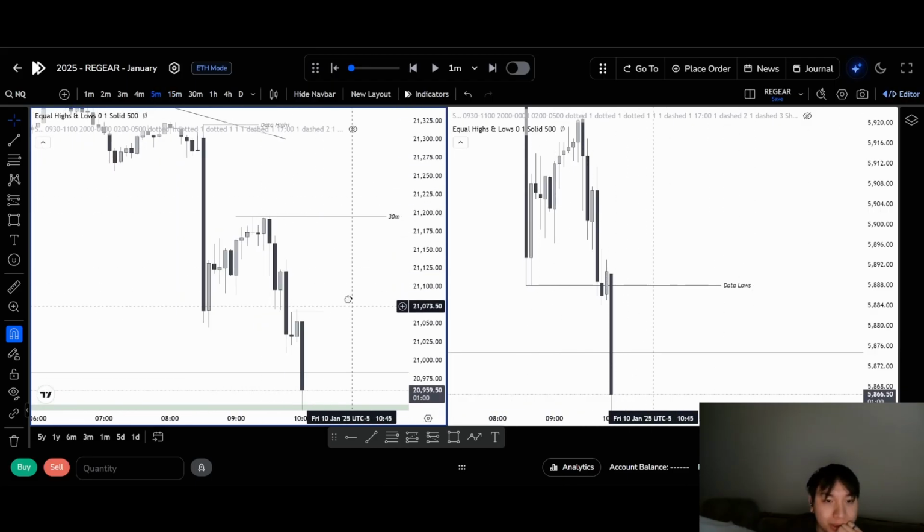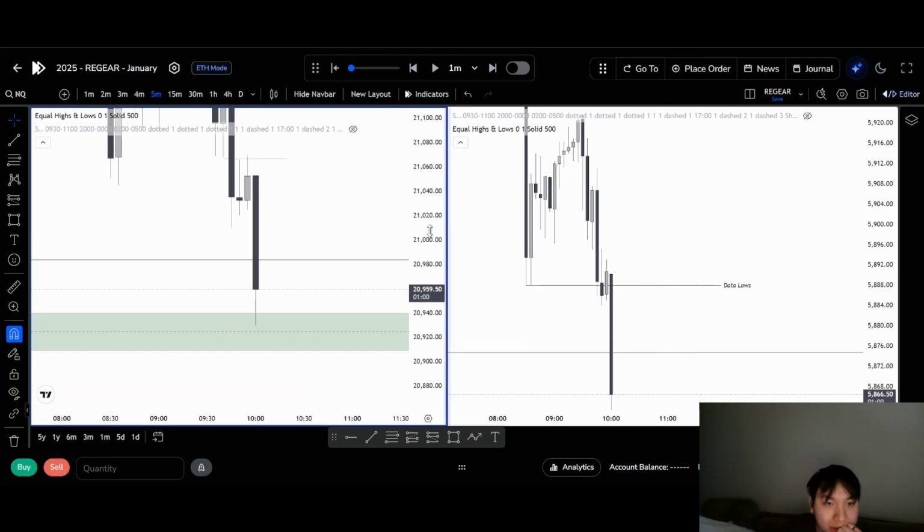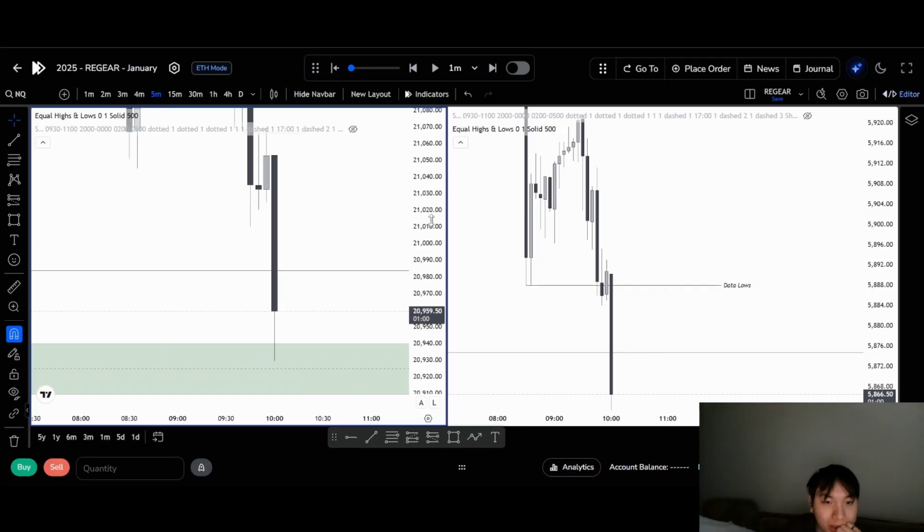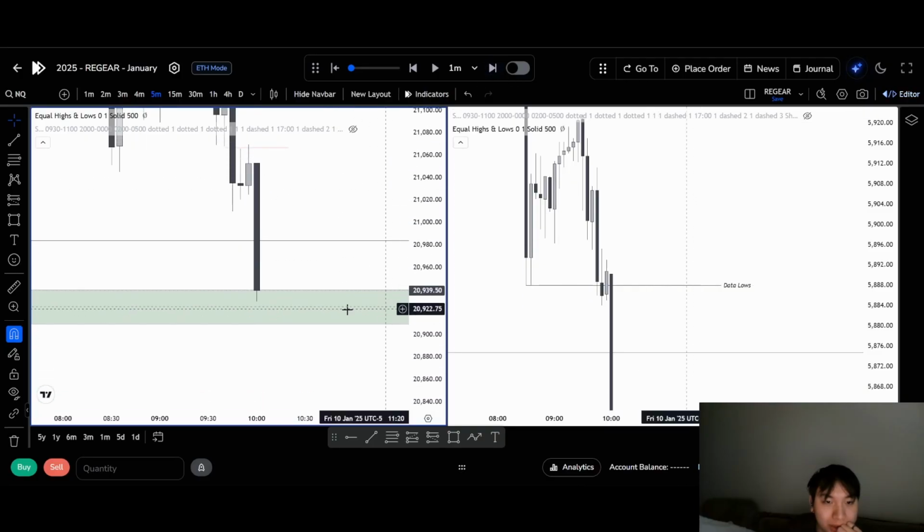No, I had a breakaway. This 5 minute got sucked and we formed a breakaway from it, so I don't think there's any.